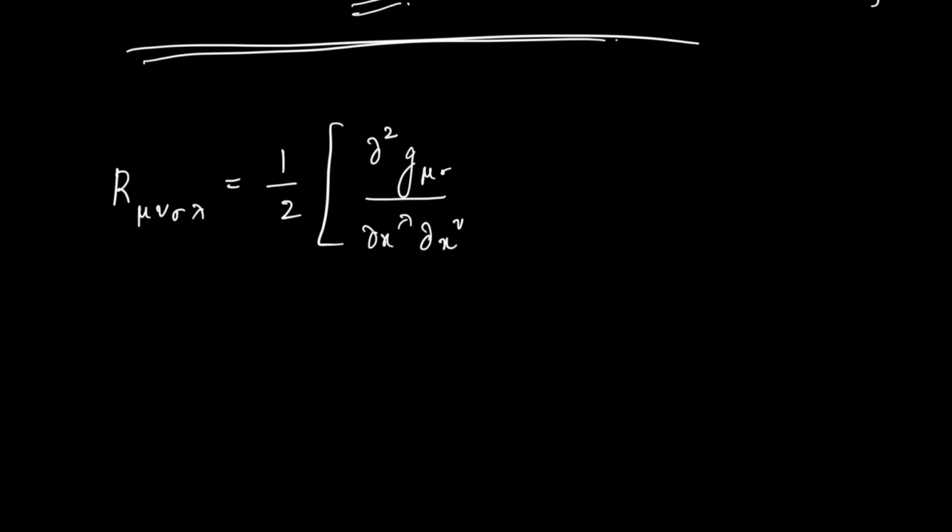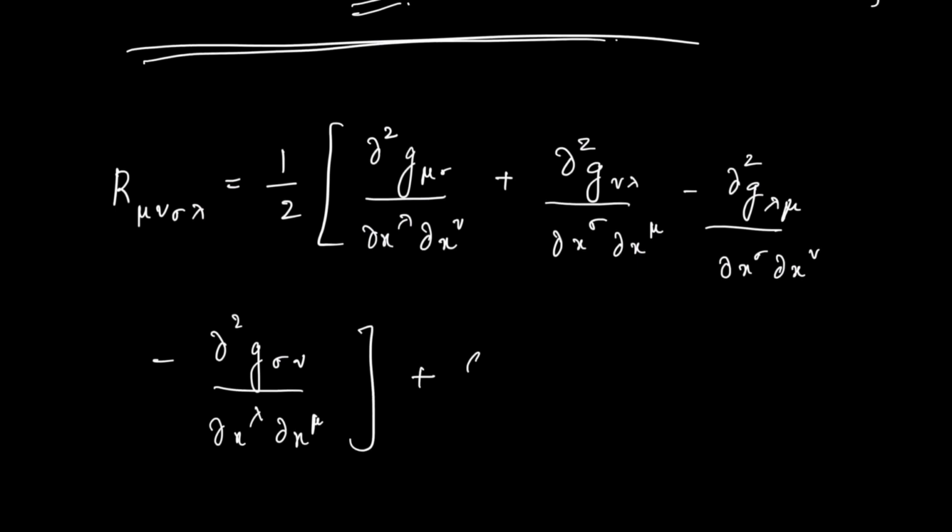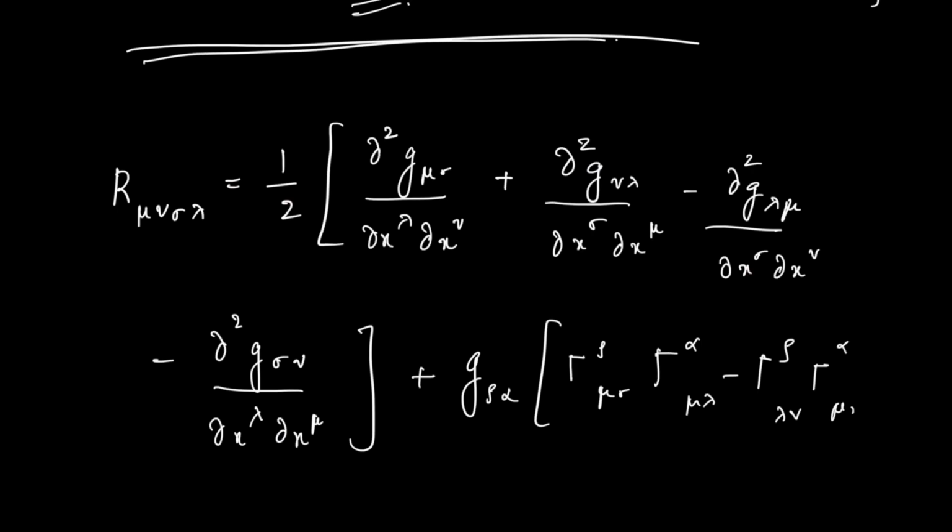So I'll just write once again. R mu nu sigma lambda is equal to 1 by 2, partial derivative of G mu sigma with respect to x lambda x nu, plus partial derivative of nu lambda with respect to x sigma and x mu, minus partial derivative of g lambda mu with respect to x sigma and x nu, minus partial derivative of g sigma nu with respect to x lambda and x mu, plus g rho alpha, Christoffel symbol rho mu sigma, alpha mu rho, minus Christoffel symbol rho lambda nu, alpha mu sigma.